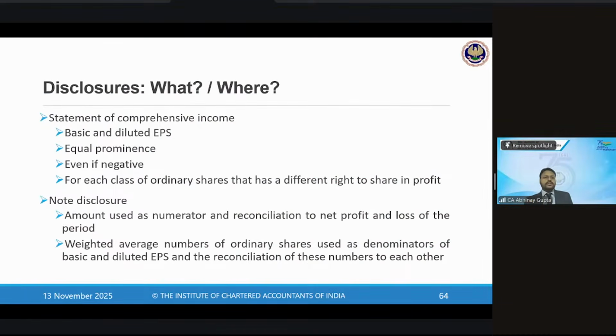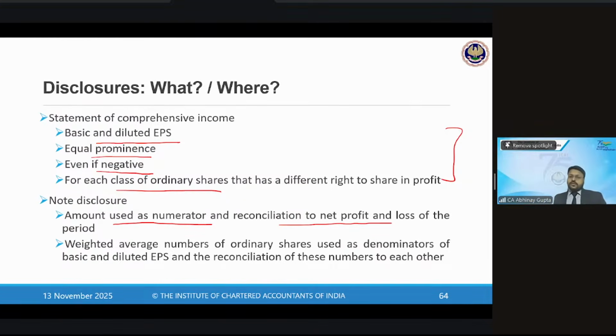Now, what additional disclosures? So this is about presentation. What are the disclosures? So disclosures are basic and diluted earning per share with equal prominence, even if the company is loss-making, and for each class of ordinary shares, right? So this needs to be disclosed. Then the amount used as a numerator and the reconciliation to the P&L, that is, earnings attributable to the ordinary equity shareholders, whatever adjustments we have made.